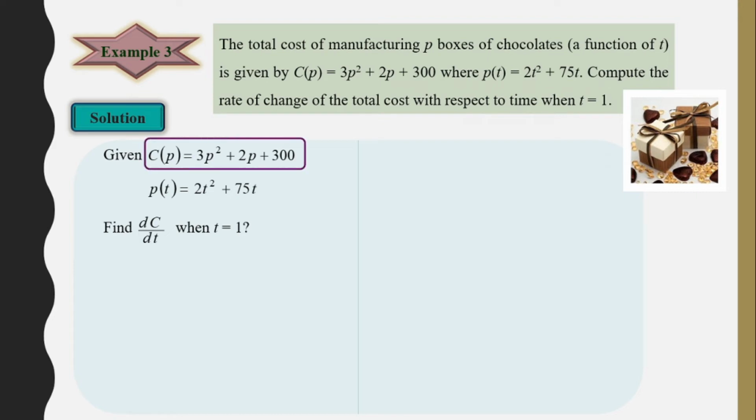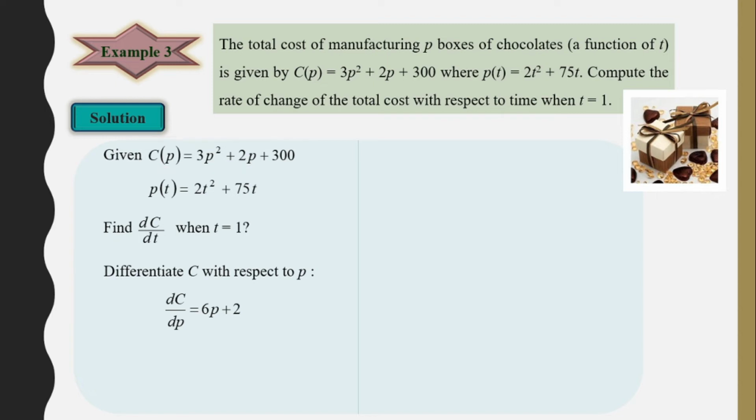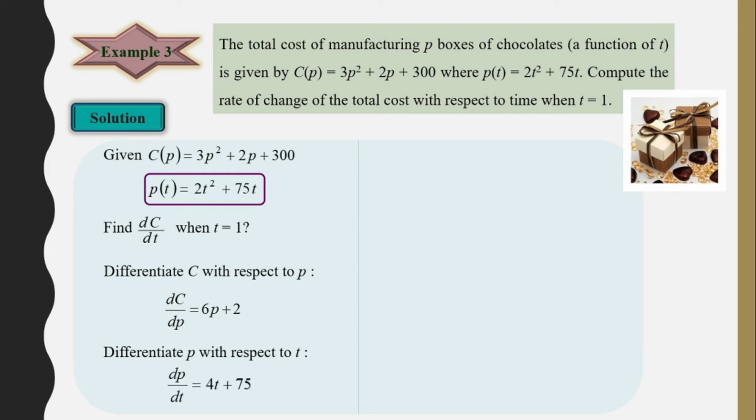Since C is in terms of p, we differentiate C with respect to p and obtain dC/dp equal to 6p plus 2. In a similar way, we differentiate p with respect to t because p is in terms of t and obtain dp/dt equal to 4t plus 75.